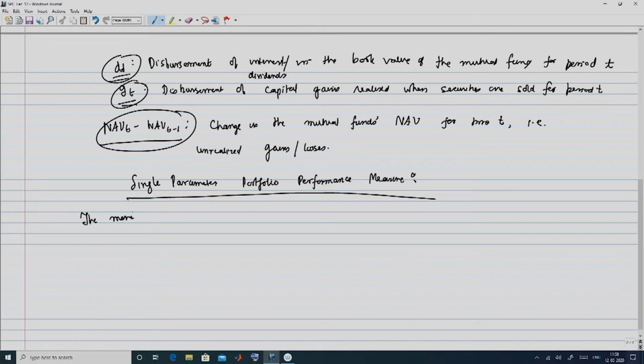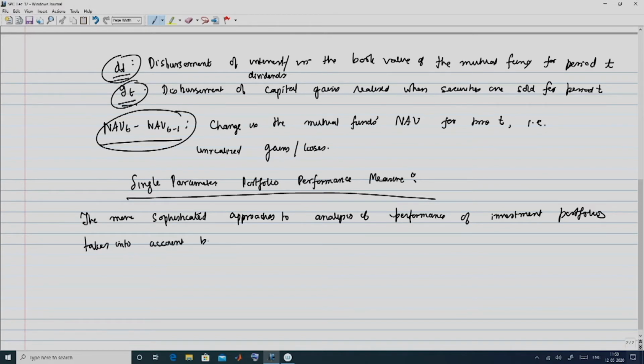The more sophisticated approaches to analysis of performance of investment portfolios take into account both the rate of return and risk from the portfolio.